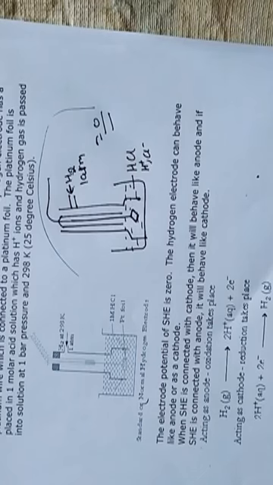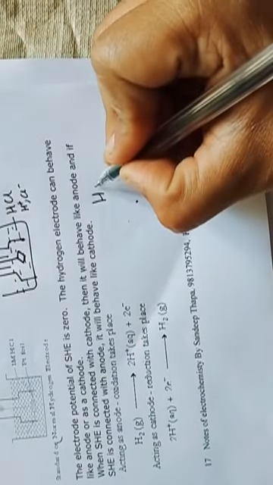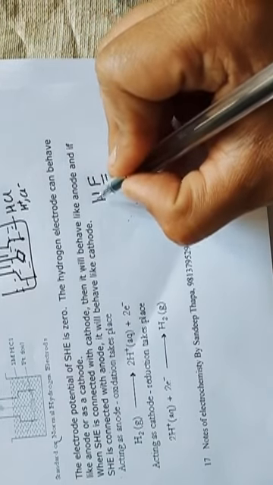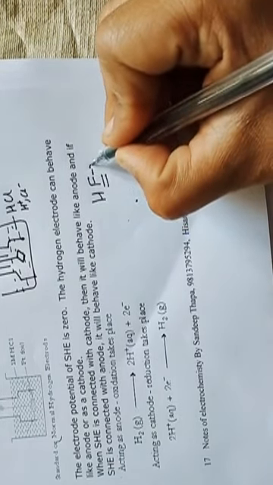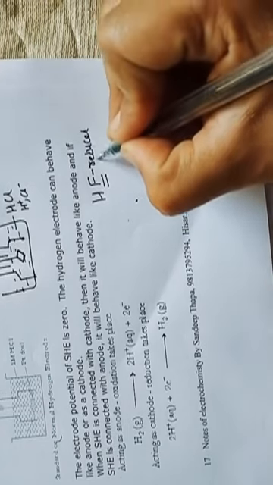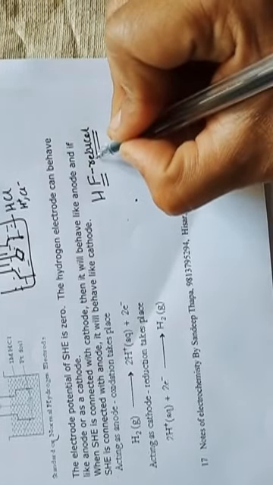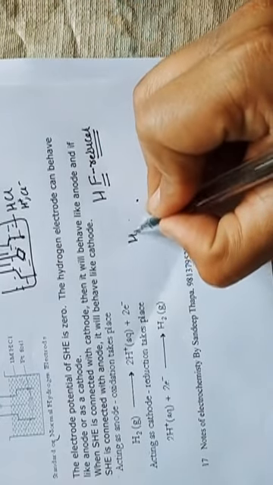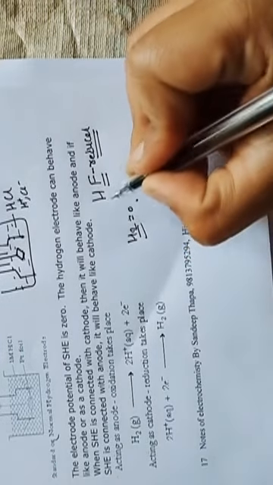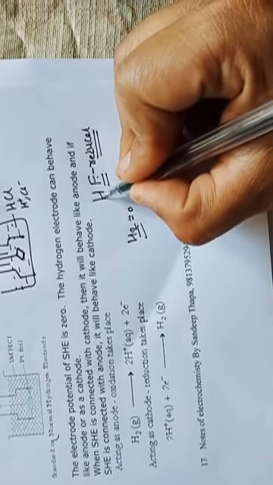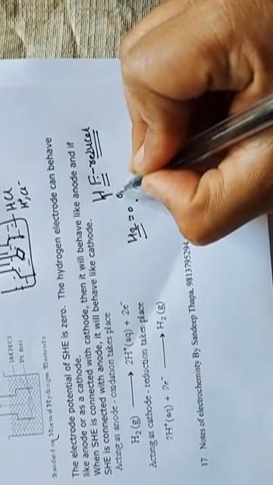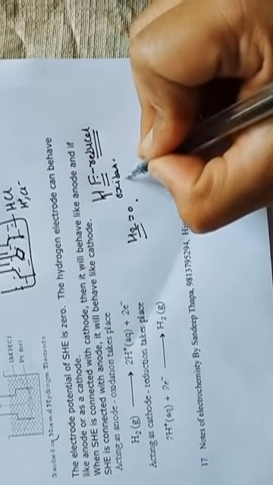If its reduction potential is higher, say HF, we know the tendency of fluorine to gain electrons is high. It means fluorine will get reduced, meaning the reduction potential of fluorine is high. And H2, whose reduction potential was 0, when fluorine attaches with it, because fluorine's reduction potential is high, hydrogen will show oxidation potential.